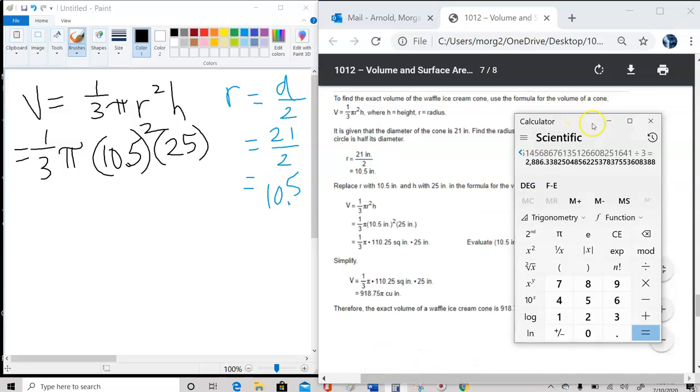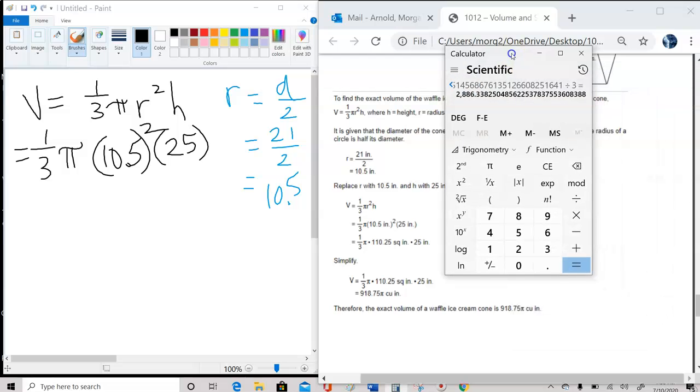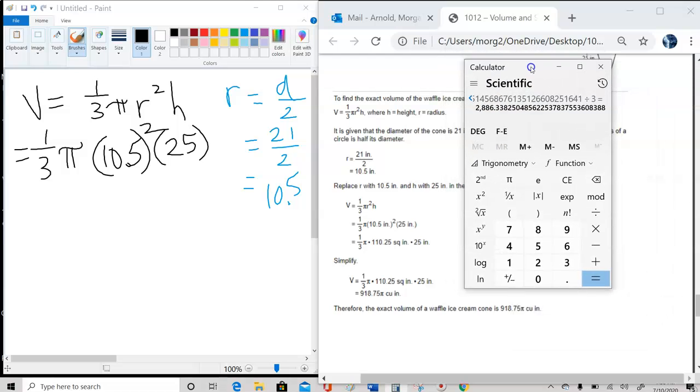Oh, and they kept it in terms of pi. I missed that. So just leave your answer in terms of pi. But I'm sure your instructor would give you full credit if you put your answer in decimal form.